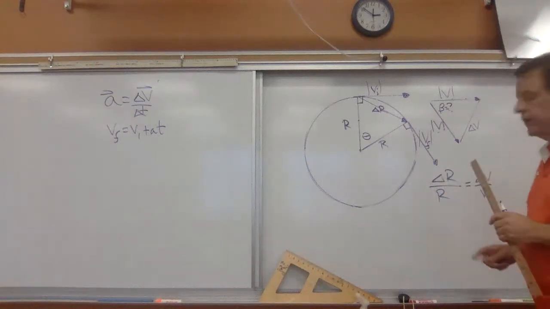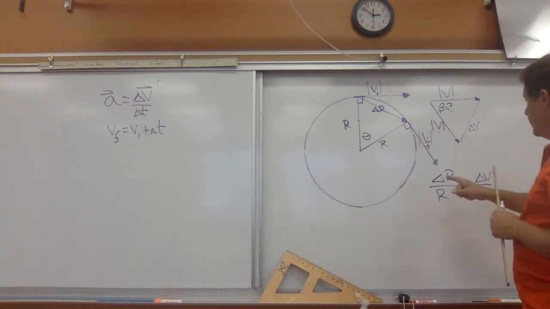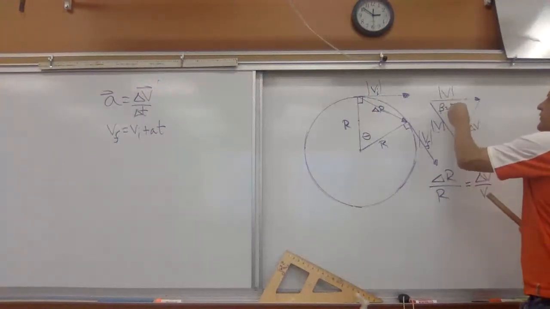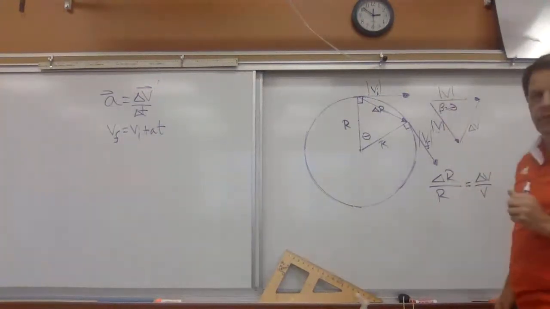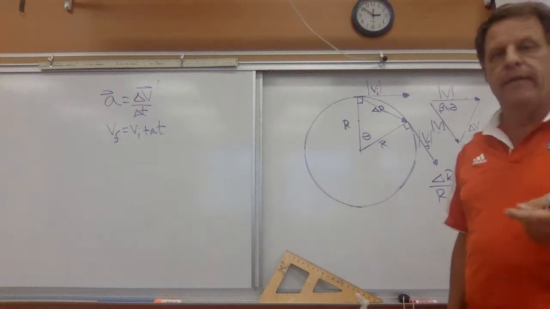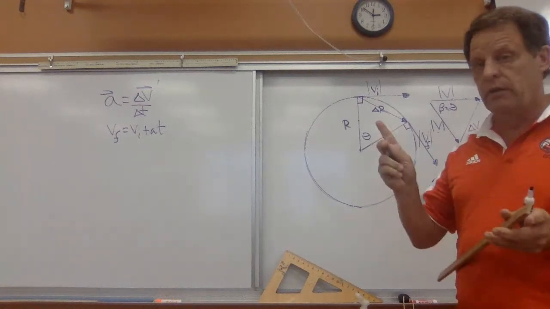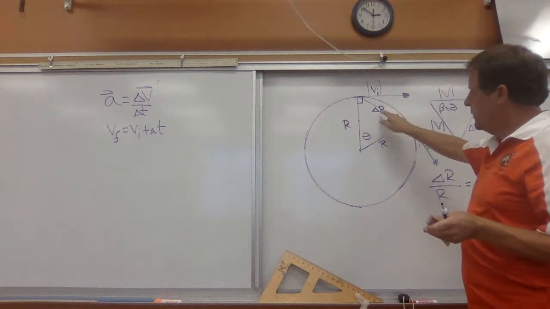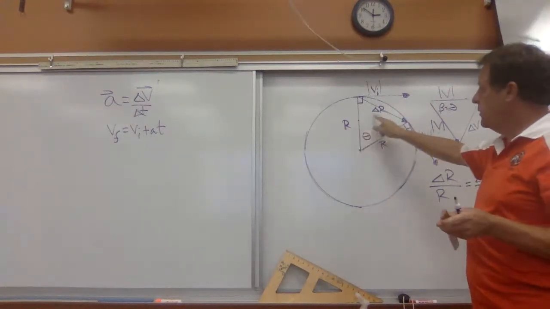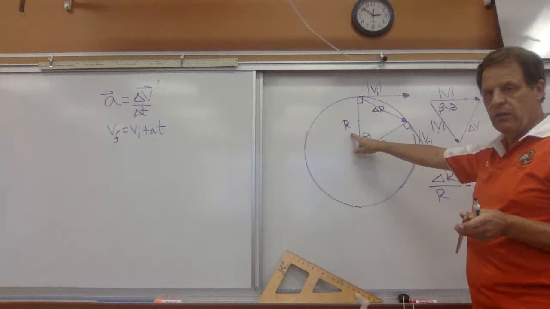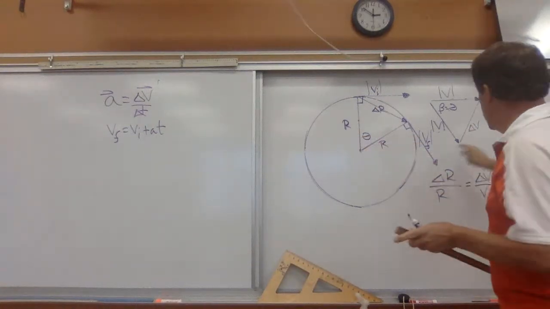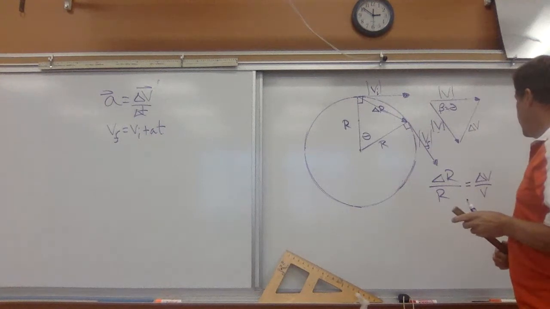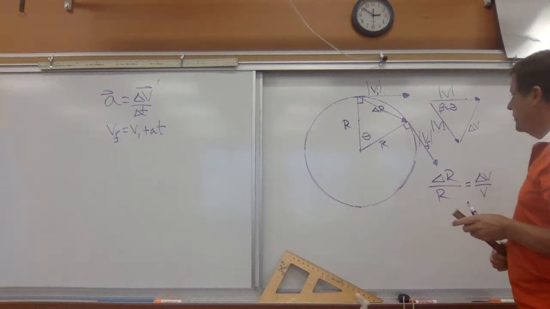So really, if we can prove that beta is equal to theta, then we have similar triangles, and the side with respect to the side would be proportional to the side with respect to the side. And that's what we're going to look for.